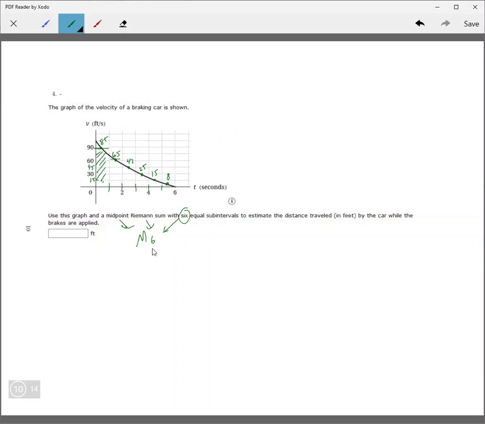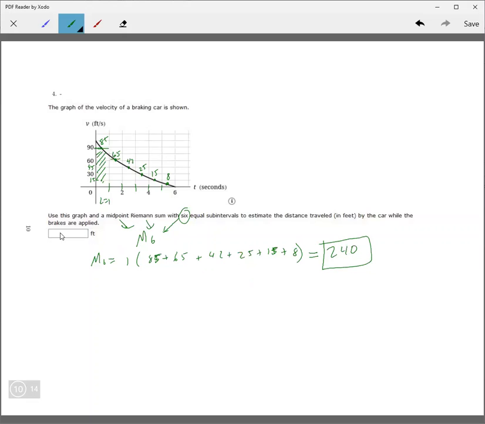Okay, so the length is 1. So I get about 240.